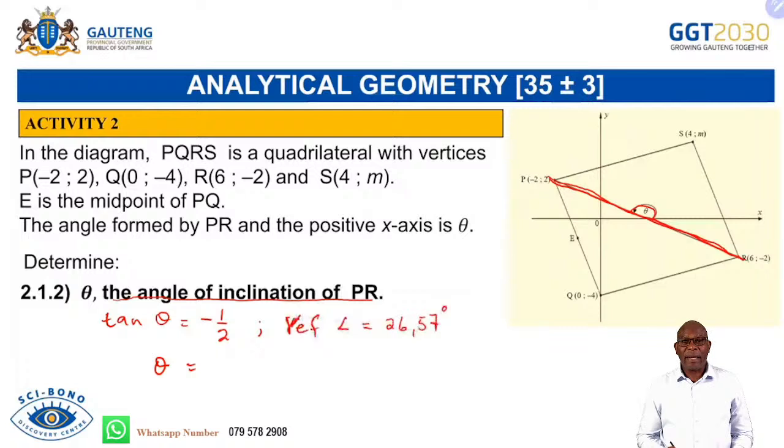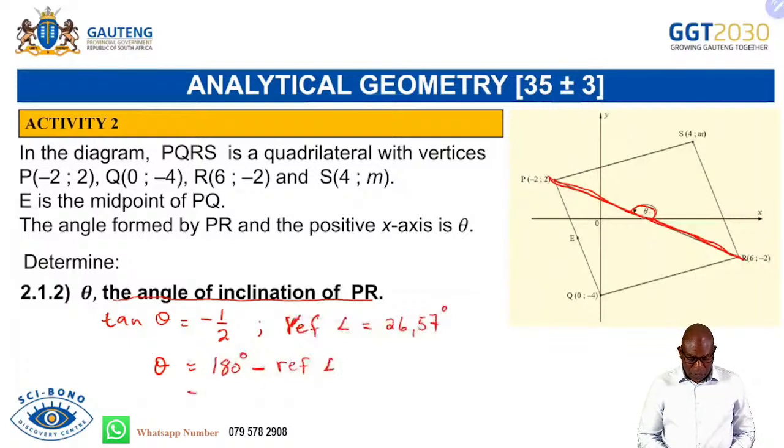Without putting a negative. So now, after I've got that, I call that angle a reference angle. I don't call it theta because it is not theta. Once I've got it as a reference angle, then how am I going to get my angle? I'll use the 180 degrees. When you're working with analytical geometry, remember the angles are between 0 and 180. So that angle is more than 90, so it must be 180 degrees minus the reference angle.